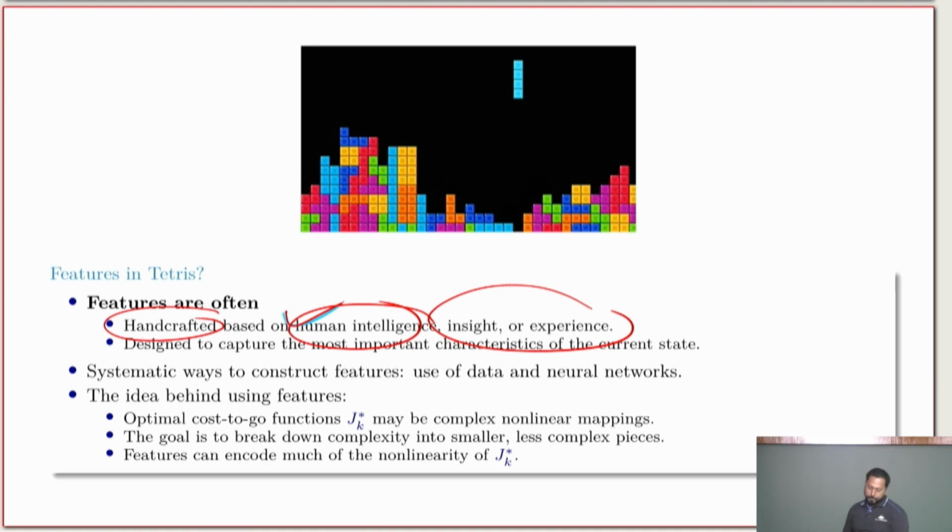Here we are saying we are looking at the gaps, the relative height of the columns and so on. But is there a way to automate this feature selection? There are systematic ways to construct features, for example, using data and neural networks. That is something we know from the machine learning class.